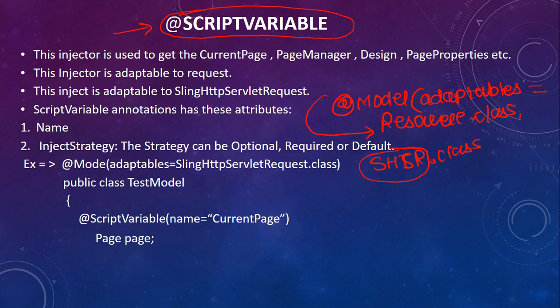So if you need to use some of these annotations, you have to define the resource, and if you want to use these types of annotation, then you have to define this SlingHttpServletRequest. Got it? But why are we using this script variable and why are we using this SlingHttpServletRequest?